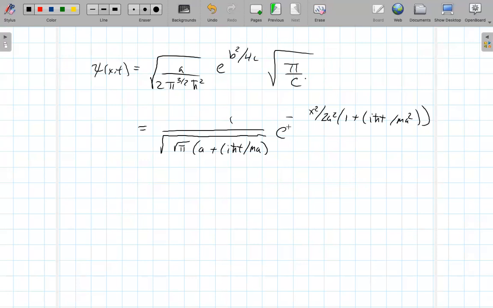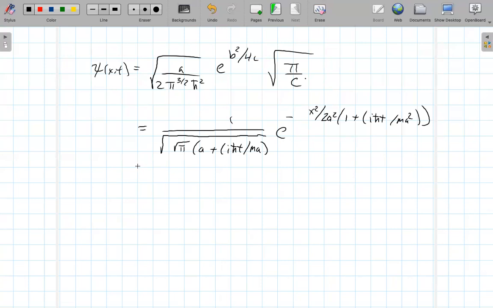So that's the value of all this. Is that x squared over 2 h bar squared? Oh, that's a 2a squared, and then there's an h bar inside of that. Okay.